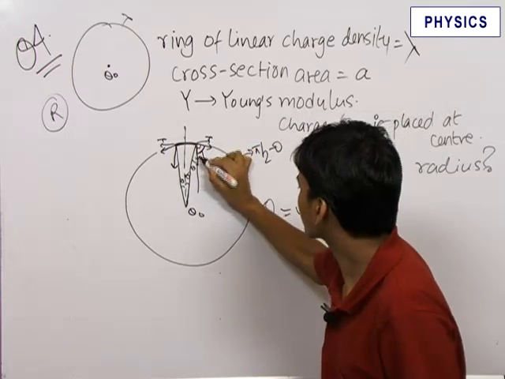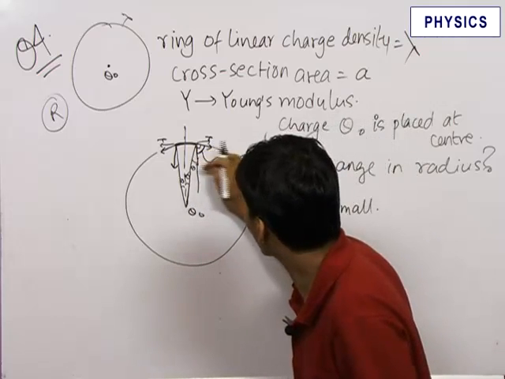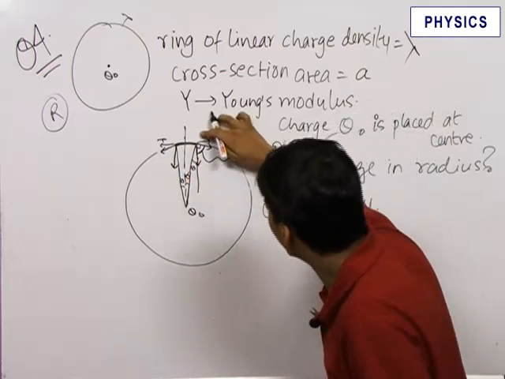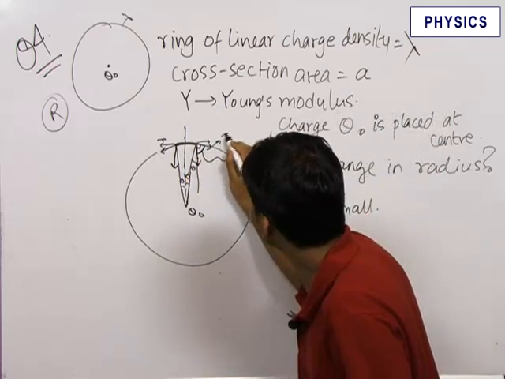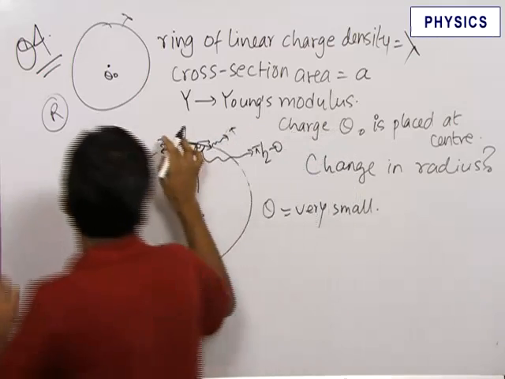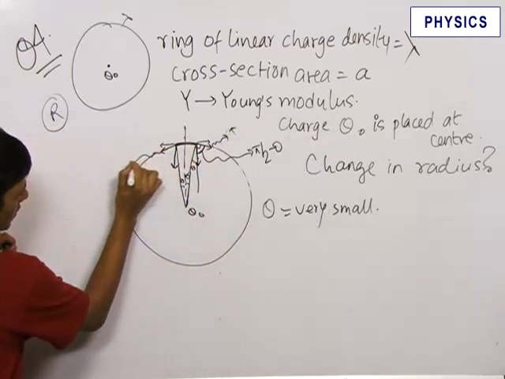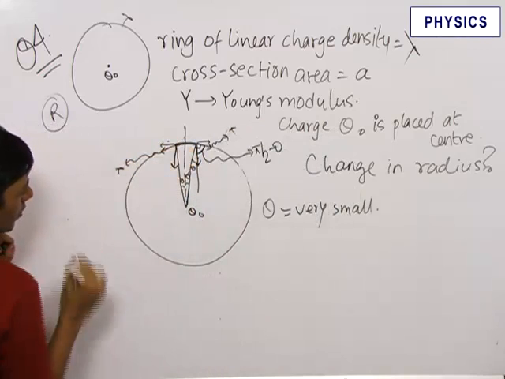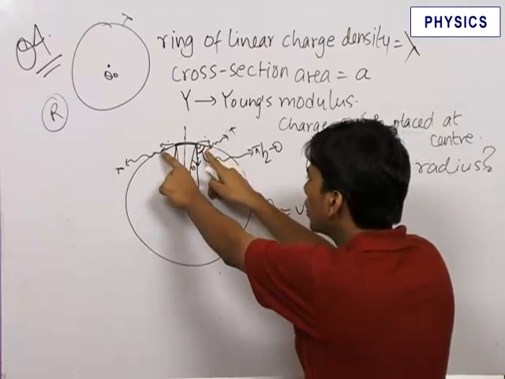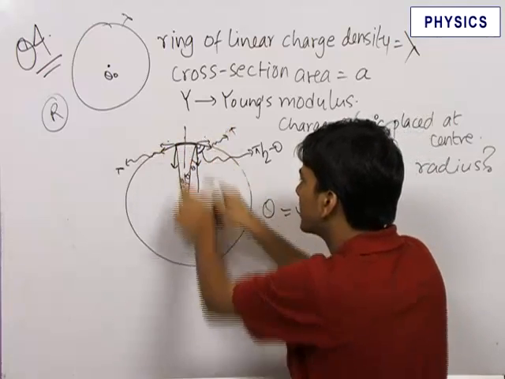The horizontal component of the tension T is the same for both, so the horizontal components of these two tension forces are equal and cancel each other.